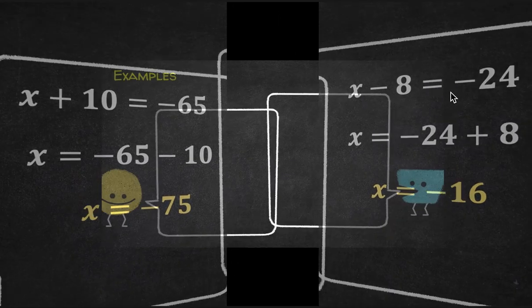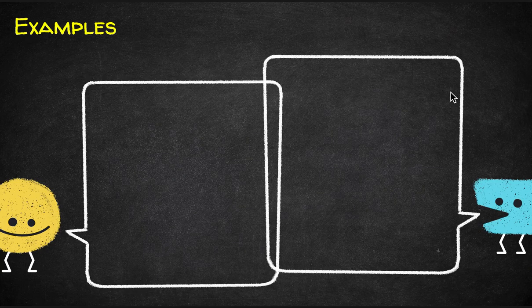Okay, another example. We have here 4 equals x minus 7. As you can see, our x is on the right side of the equation. x is already positive, so do not transpose this one to the left side, because if we transpose it to the other side, it will become negative.